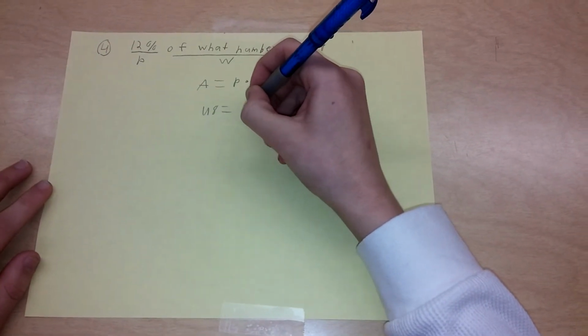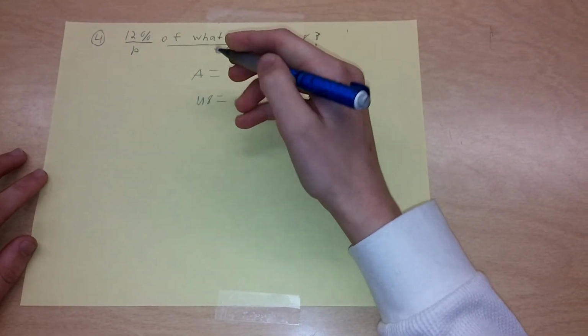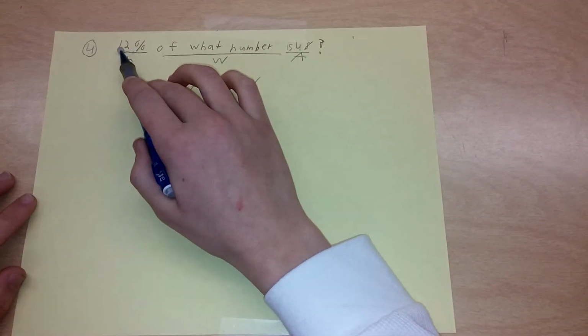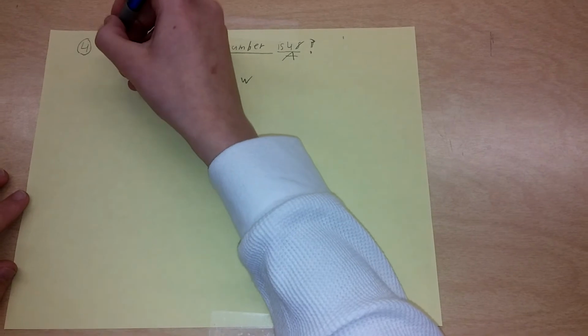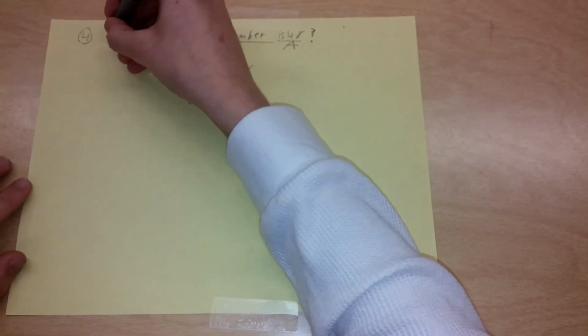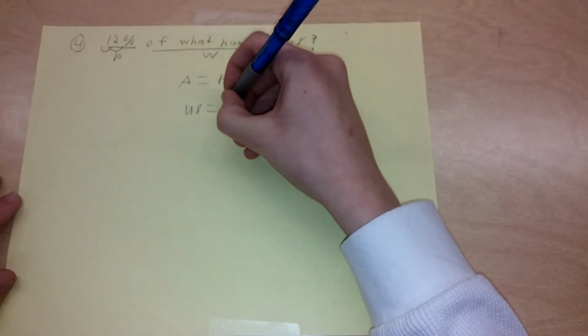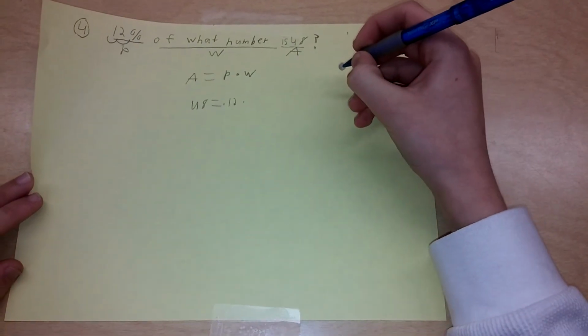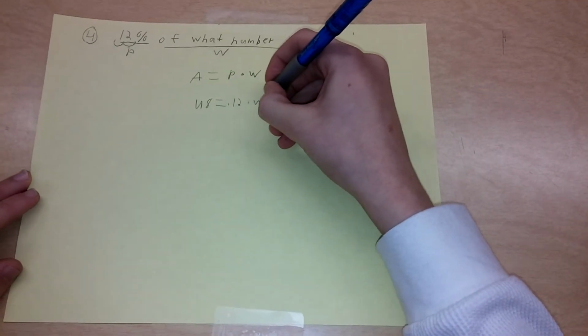But then we have to make it 0.12, so we move the decimal place over right here 2 places to the left. So then it would be 0.12. And then our W, we don't know, so we just leave the W there.